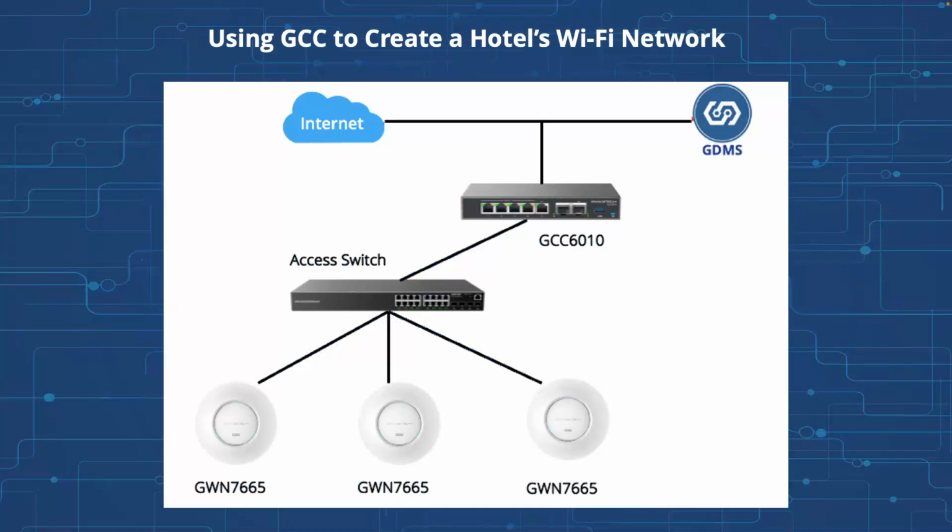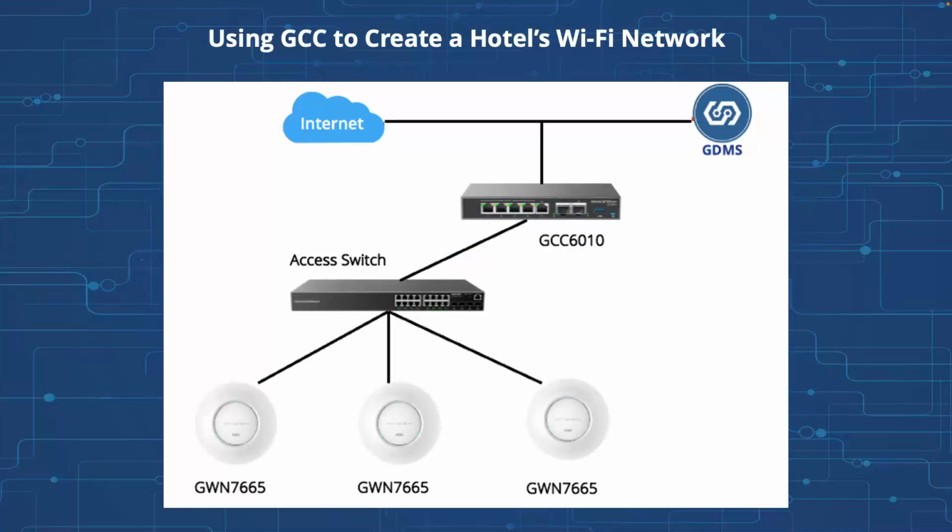So we'll take a look at the first example of creating the Wi-Fi network. And I know this is a very high-level overview. Every hotel is different. There's a lot of different factors that come into play. But to give you an example of what this would look like, we mentioned the GCC device is being deployed to the core of the network.